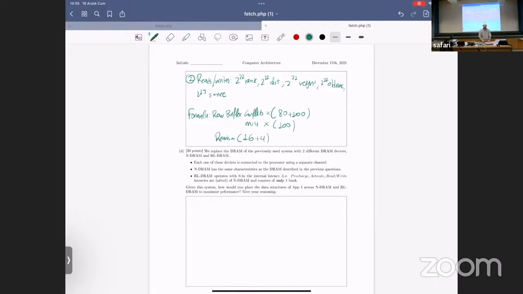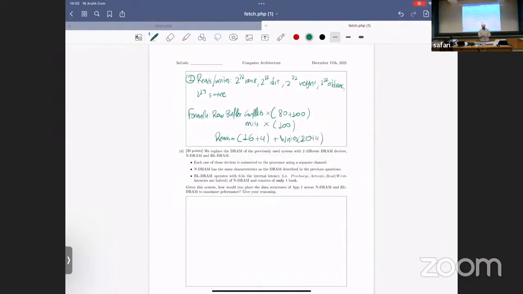Why is this plus 4? We need to read and then transfer the data, right? So we need 4 extra cycles. For the writes, how many do we need? 20 to write the data and 4 to transfer the data. So 20 plus 4.